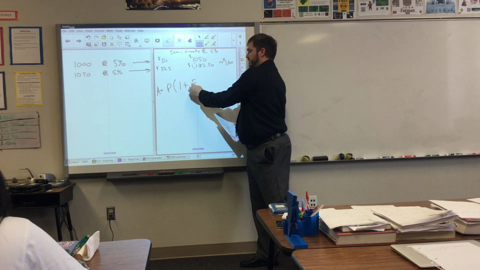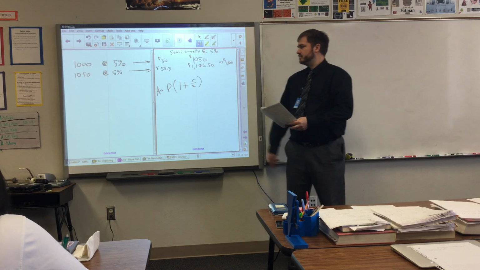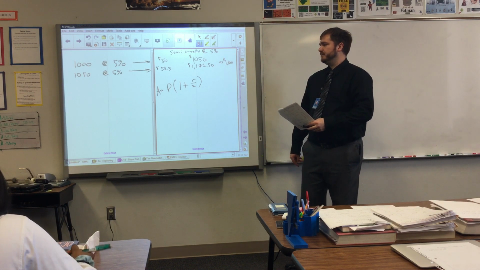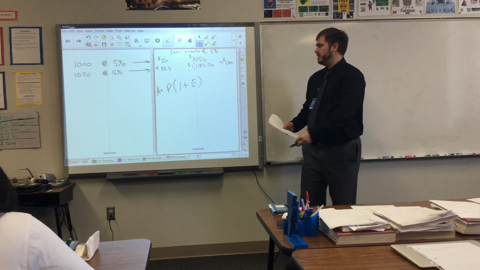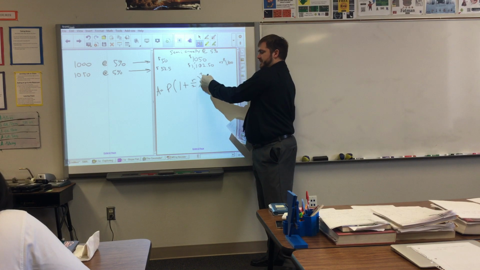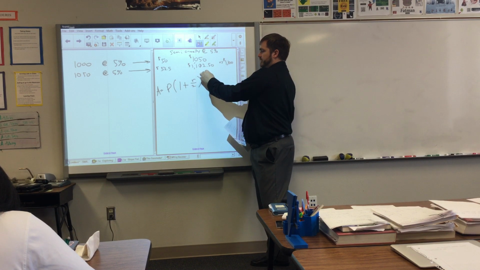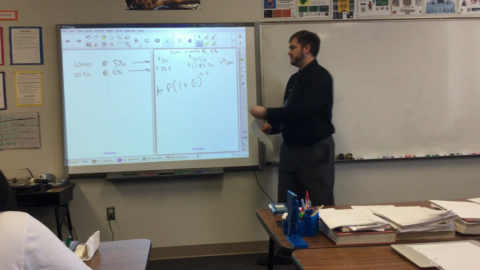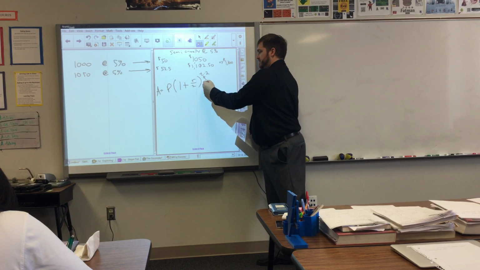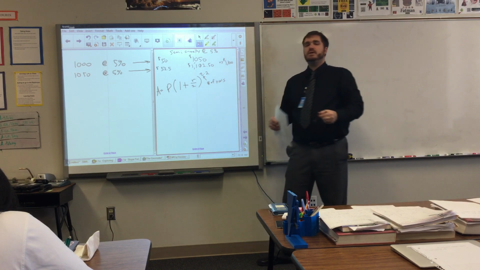So rate divided by 2. And then I've been putting t here for the number of years. If t is years, then I would put t times 2, where t is the number of years.